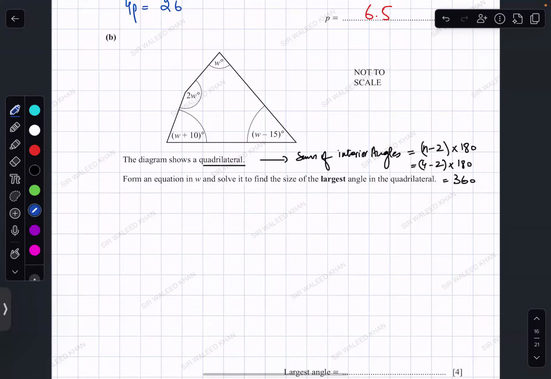If I add all these up, W plus 2W plus W plus 10 plus W minus 15, all these should add up to 360. Okay? So this would be 5 Ws minus 5.